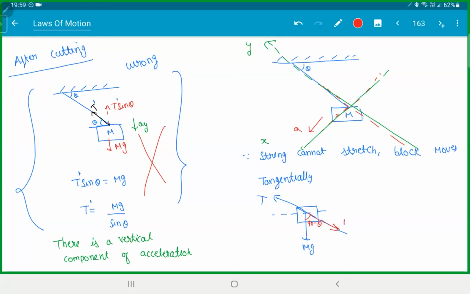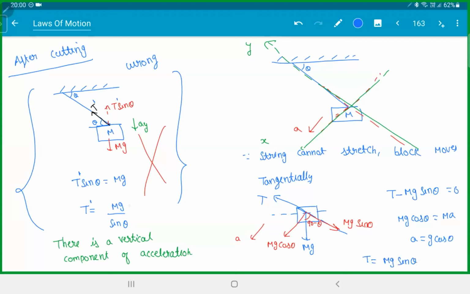So this component will be mg cos(90 minus theta), which is mg sin theta, and this component will be mg cos theta. And this is what is providing that acceleration a. So tension will be mg sin theta. You have to take the forces along the string, and mg cos theta will generate acceleration ma. So the block will swing with an acceleration of g cos theta, and the tension would be mg sin theta.